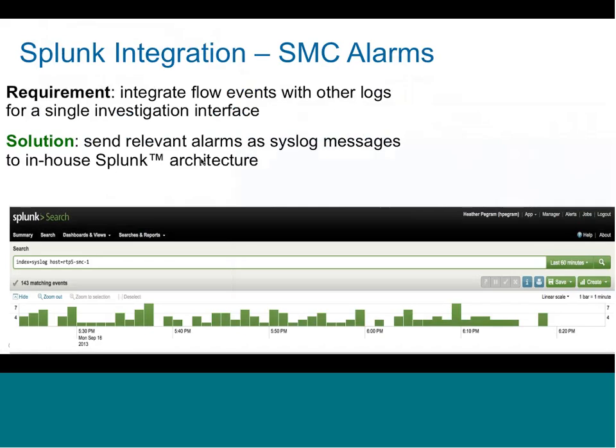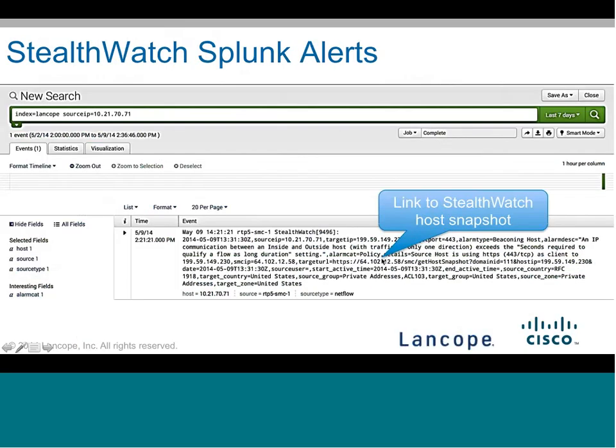And what that looks like on our side, I mentioned we use Splunk. We actually have SMC alarms built into Splunk, and so it's really nice and easy to go into StealthWatch and configure an alarm to export. When you do that, you can pick and choose what that actually looks like as far as formatting and what information is included. And here you can see there's actually a link to StealthWatch within the alarm itself.